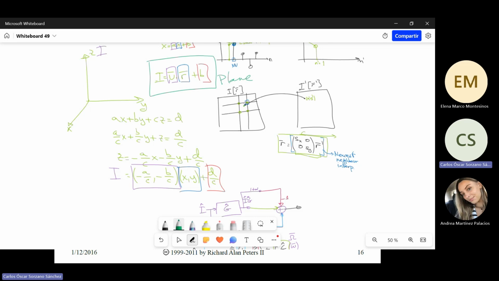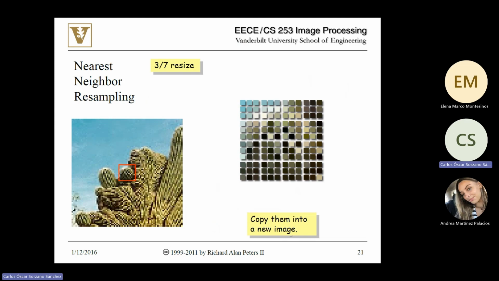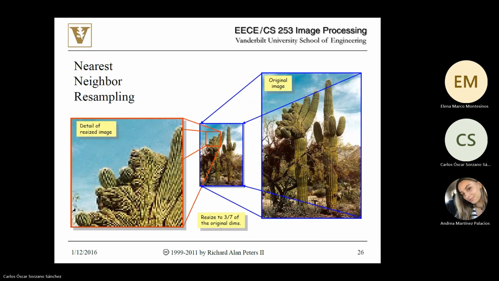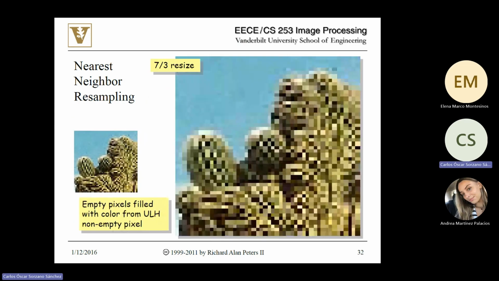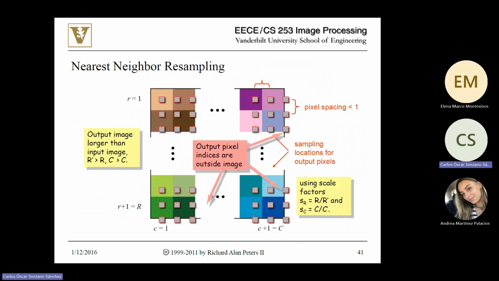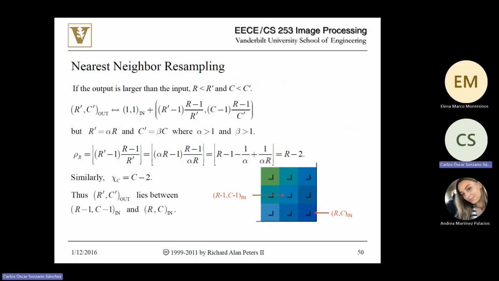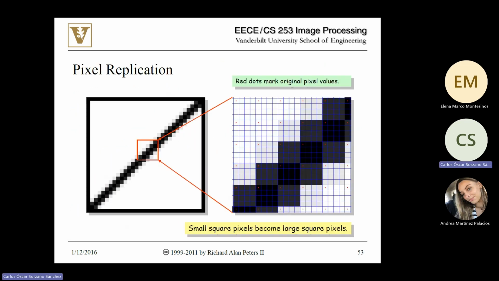Okay, so let's do that. That is called bilinear interpolation. Let's do the new thing, that is the bilinear interpolation. This is nearest neighbor interpolation, where you're simply replicating the nearby values.